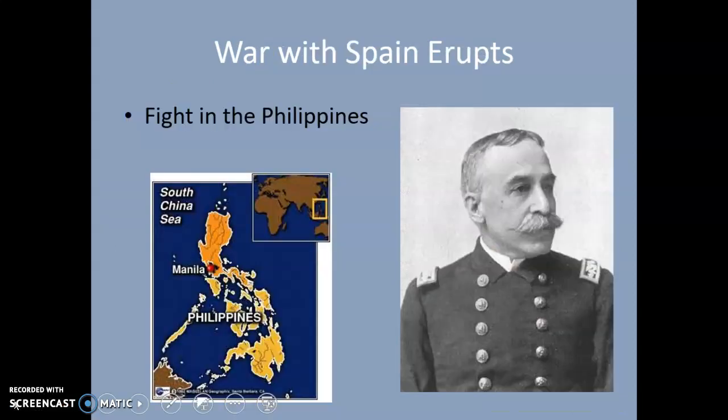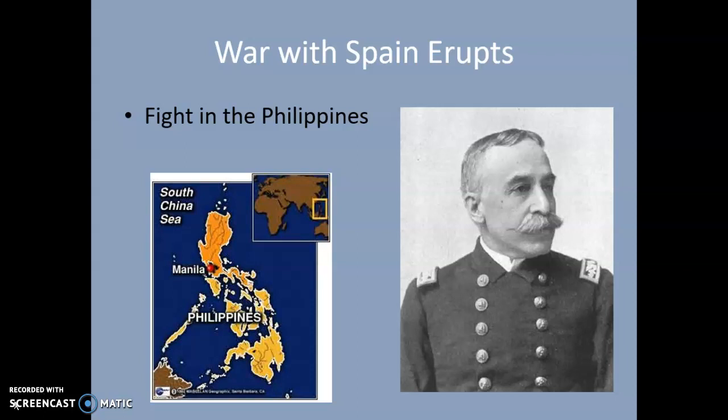Okay, so we're pretty much going to be pulled into war with Spain at this point, okay? And in 1898, the United States is officially going to declare war against Spain. So we initially fight the Spanish in the Philippines, which I know seems bizarre, but the Philippines were under the colonial control of Spain.